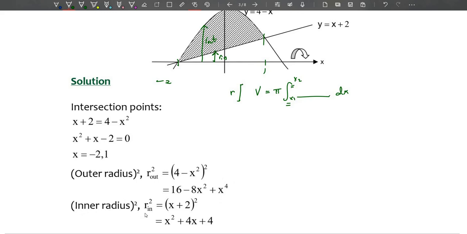And then the inner radius would be x plus 2. Why? Because x plus 2 minus 0. Remember, the x-axis is y equals 0. Here it is 4 minus x squared because 4 minus x squared minus 0 is 4 minus x squared, and this one is x plus 2 minus 0, which equals x plus 2. x plus 2 squared is equal to x squared plus 4x plus 4.